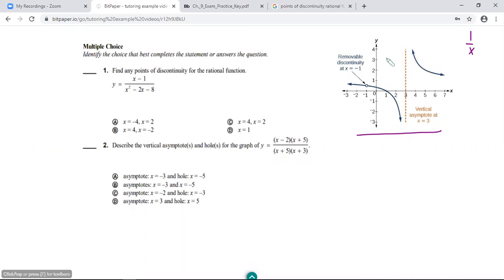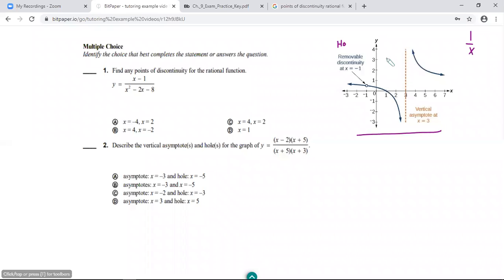When they ask these questions, they're testing that you understand that the graph is discontinuous when the denominator is equal to 0. That's one location for discontinuity. The second place for discontinuity is called a hole.